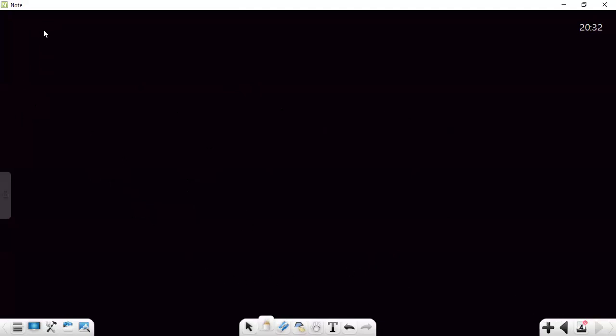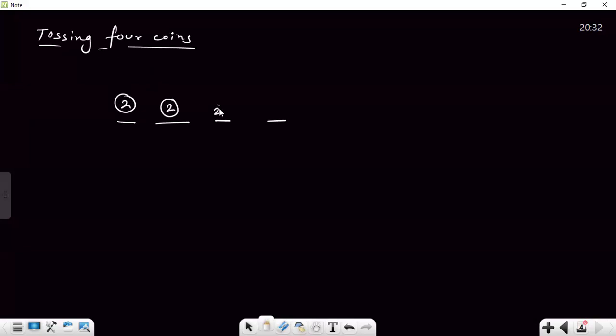Okay. What if we toss four coins? If we toss four coins simultaneously, we'll have four results, so we'll have to use four places. For every place, there are two possible outcomes. For tossing the first coin, there are two possible outcomes. For the second, also two possible outcomes.